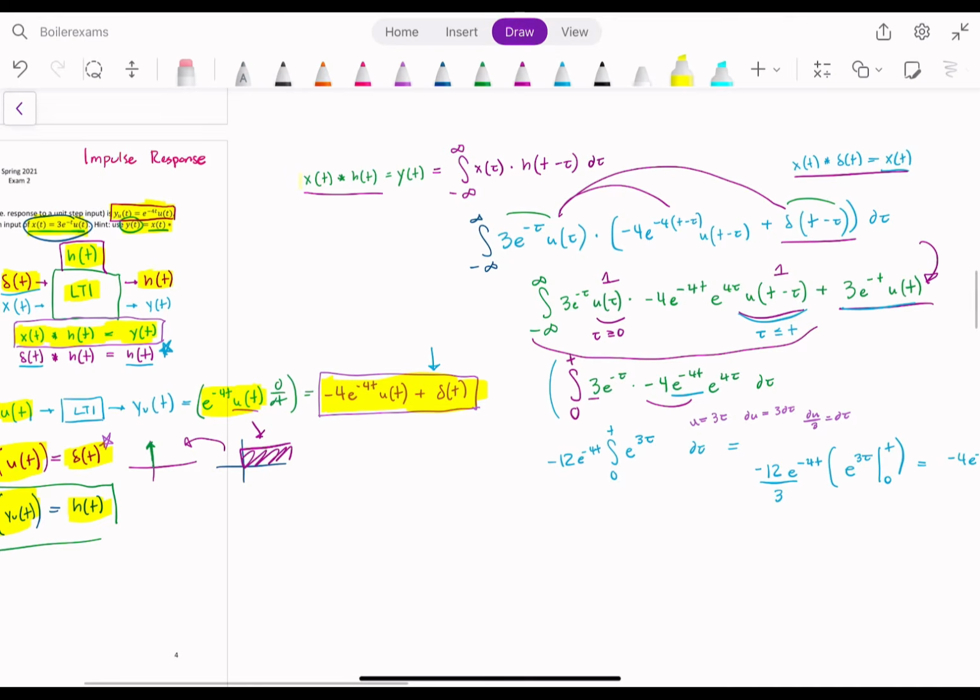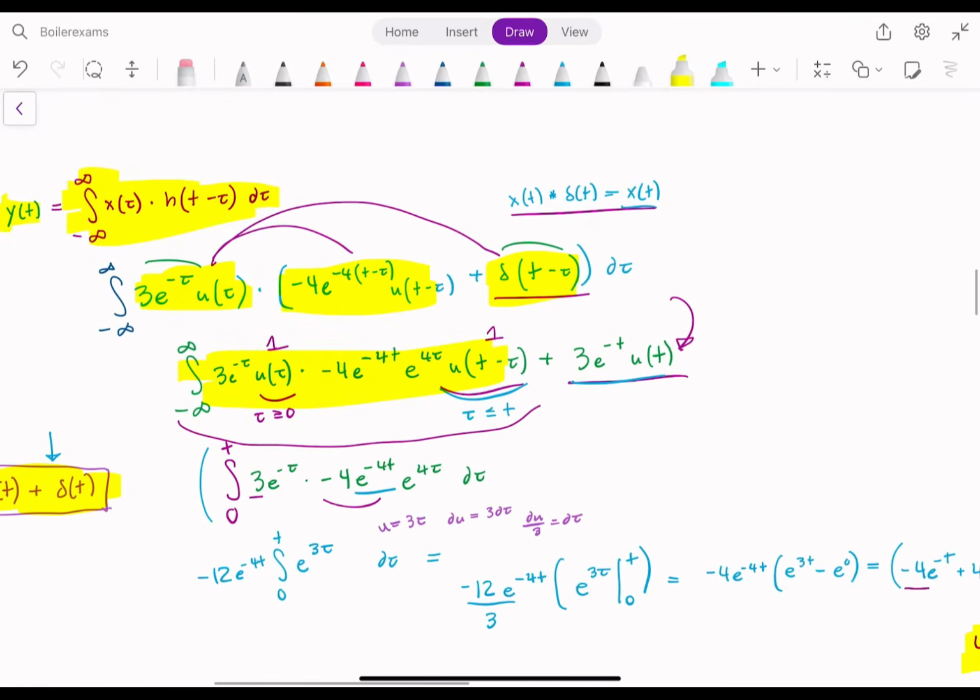And then what we did is we convolved our input with our impulse response, denoted by the convolution integral right here. We plugged in our values, and this term times this first term became this integral, and we computed that, and then this input term times this Dirac delta function term is essentially applying the time shifting property to our input function, and so it just returns our input function.